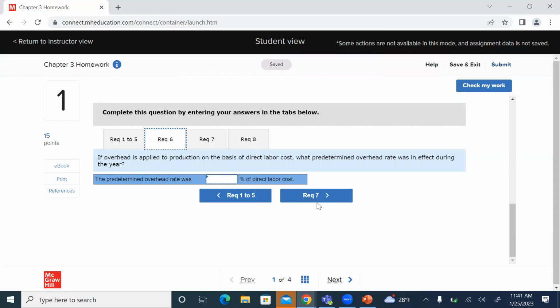If overhead is applied to production on the basis of direct labor cost, what predetermined overhead rate was in effect during the year?